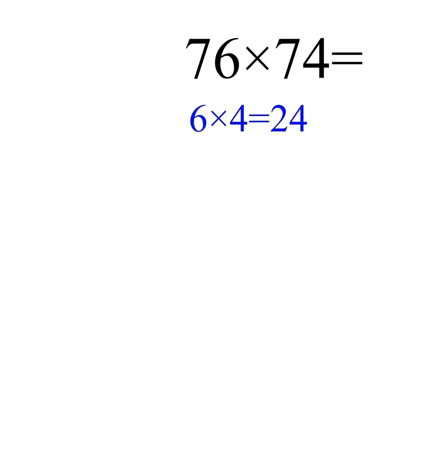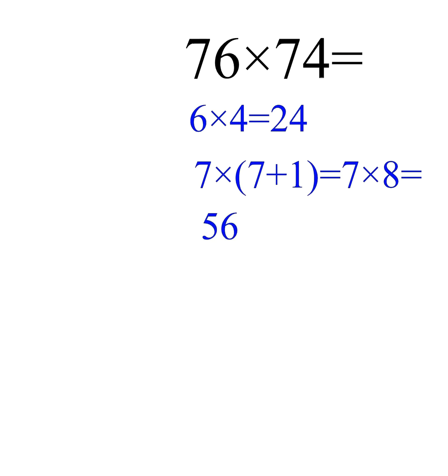Then we multiply 7 into its next integer, which is 8, which would be 56. And we write down 24 in front of it, and that would be our answer.